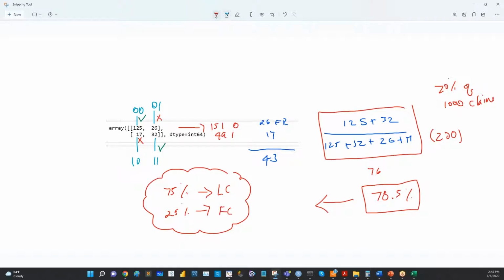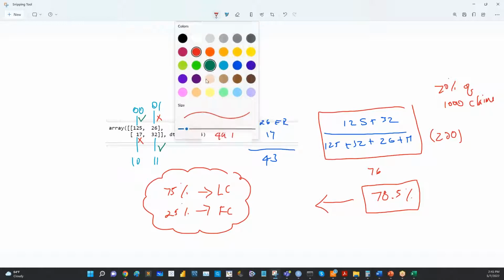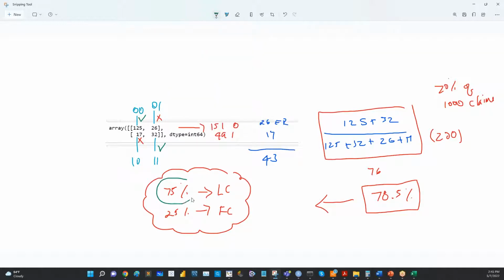Our base was 75%. This means if we were to guess whether someone would have a legitimate or fraudulent claim, the best we can guess is 75% legitimate and 25% fraudulent.